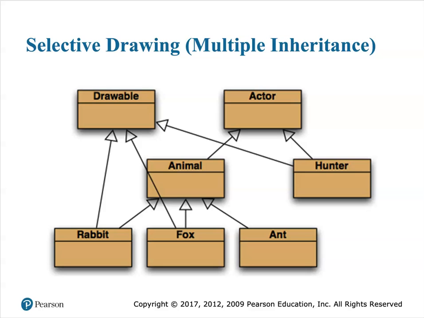We want certain things in the simulation that have to act. So for instance, the rabbit and fox and the hunter need to show up in the simulator view, but we're also simulating the impact of all of this activity on the ant population, but we're not going to draw those. How do we get this to work inside of Java? This doesn't seem like it could possibly even exist. Hold on to that thought. We'll come back to it in the next lecture.